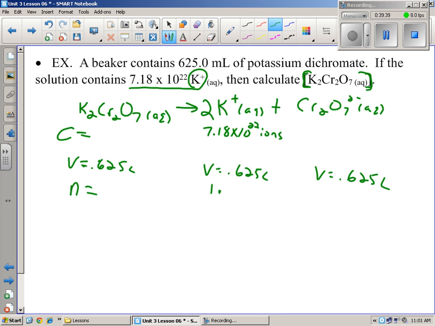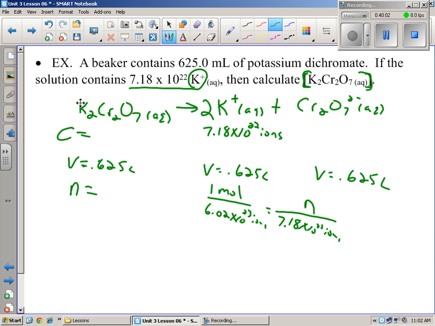Well, I know that 1 mole is 6.02 times 10 to the 23 ions. If I had 7.18 times 10 to the 22 ions, how many moles does that work out to be, right? Make sure we line stuff up. Moles, moles, ions, ions, right? Make sure we keep it the same.